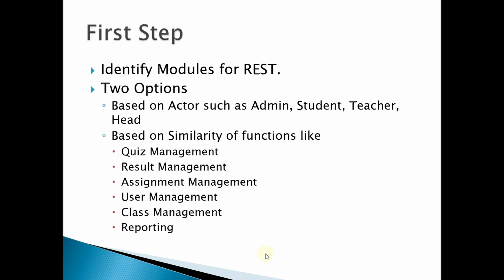The first way is based on actors, as defined in our case study: admin, student, teacher, and head are the actors. We define every functionality according to those actors. So this is one way. We can have an admin module, student module, teacher module, and head module.